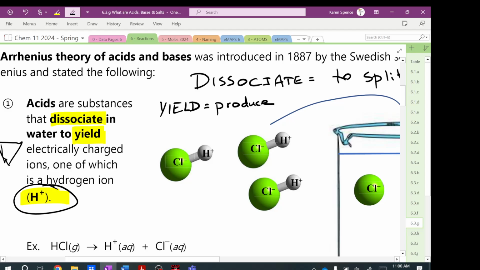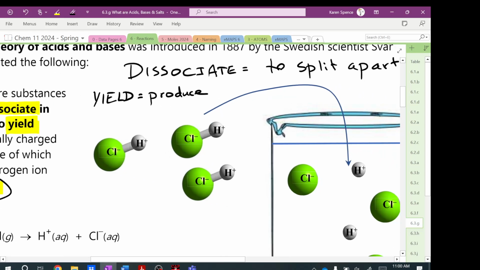So let's take a look at what this looks like in an example. Hydrogen chloride, HCl, starts out on its own. When it's a pure substance, it is gaseous. It is a small molecule, so it is gaseous. So this is pure HCl.